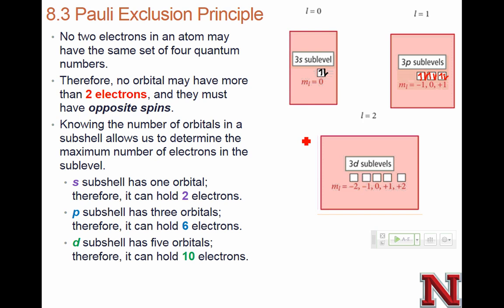Then if we look at L equals 2, remember our ML is negative to positive, so that'll be -2, -1, 0, 1, and 2. We actually have 5 orbitals in that subshell, so we can have a total of 10 electrons in that subshell if it was completely full. That's the maximum amount of electrons.